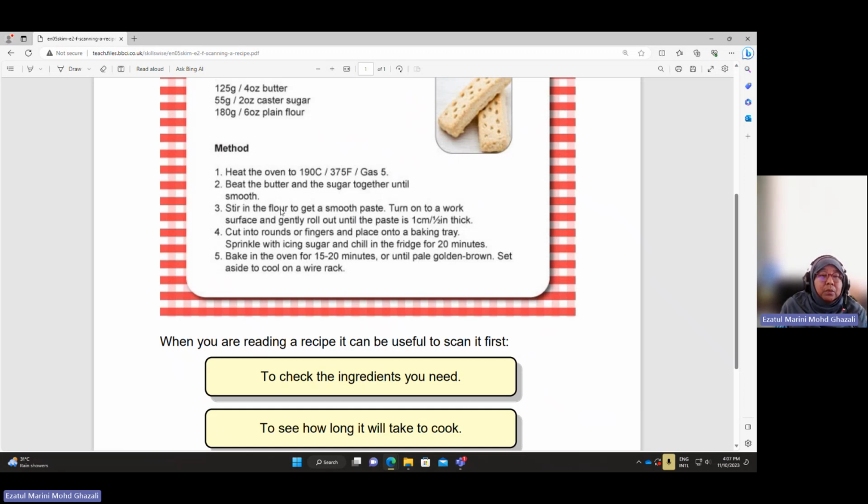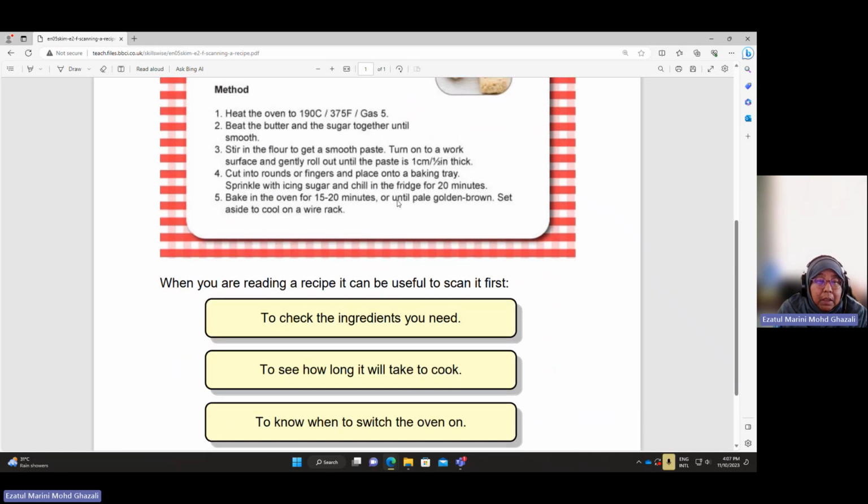Stir in the flour to get a smooth paste. Turn on to a work surface and gently roll out until the paste is 1 centimeter or half inch thick. Cut into rounds or fingers and place onto a baking tray. Sprinkle with icing sugar and chill in the fridge for 20 minutes. Bake in the oven for 15 to 20 minutes or until pale golden brown. Set aside to cool on a wire rack.